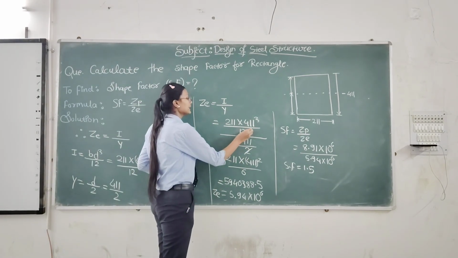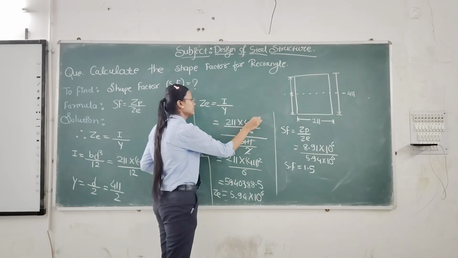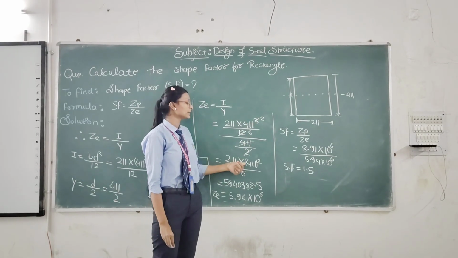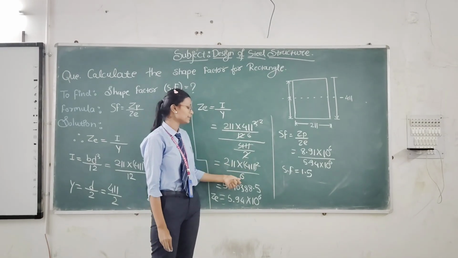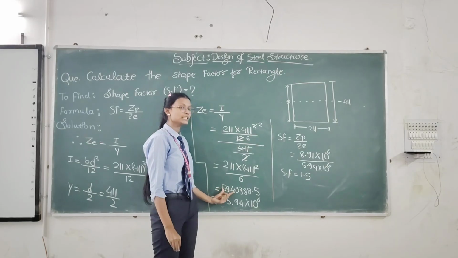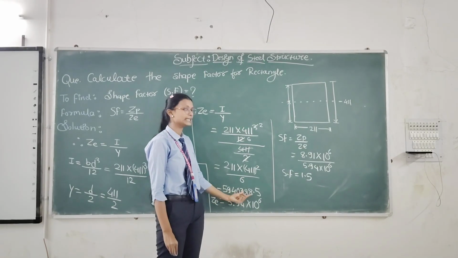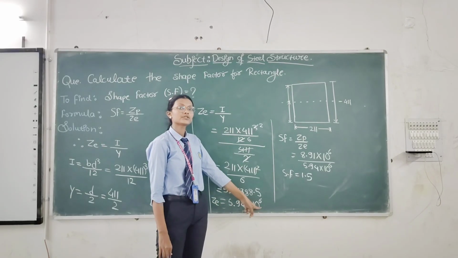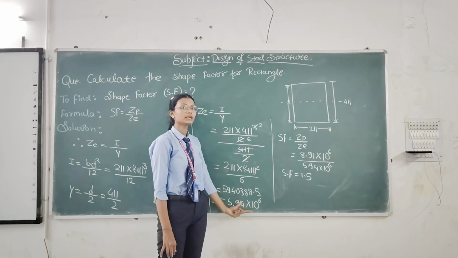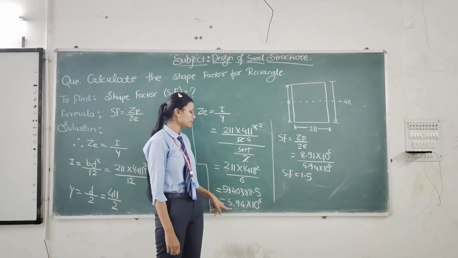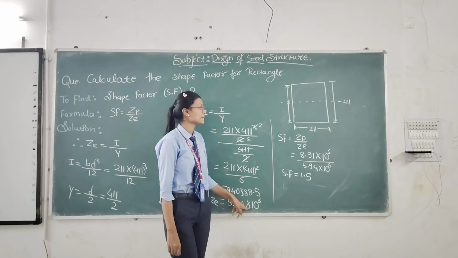Now we can cancel, and the overall formula will be 211 multiplied by 411 square divided by 6. Putting this value in the calculation, we get 5946388.5. As for ZP, we convert it in engineering notation. Therefore, ZE is equal to 5.94 into 10 raised to the power 6.